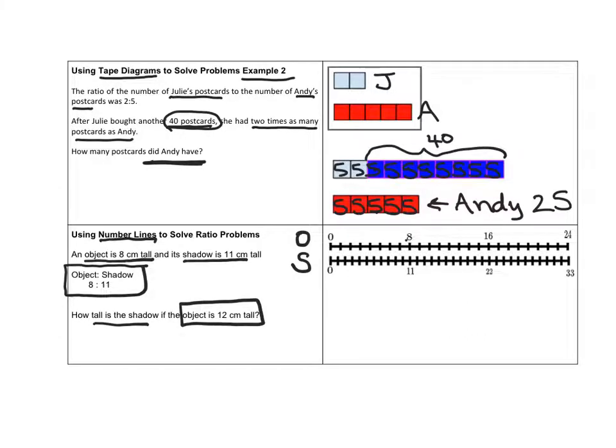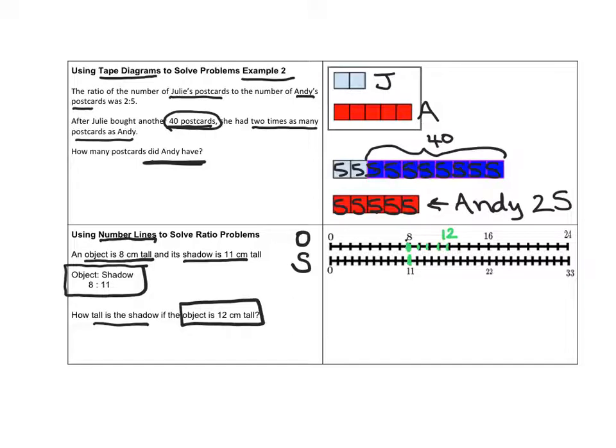Looking at my number line, I can see that here, when I have 8 on my object, my shadow is 11. And I want to have my object as 12. So that's 8. I know that's 9, 10, 11, 12.